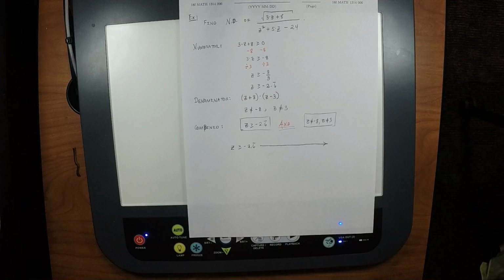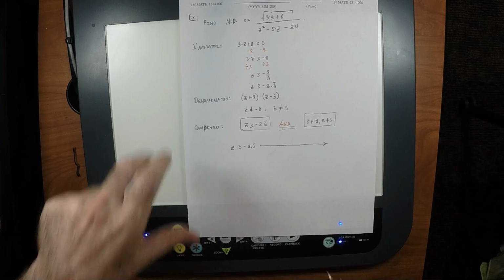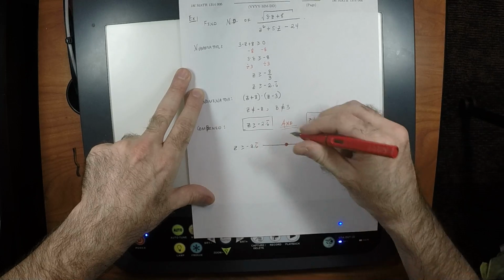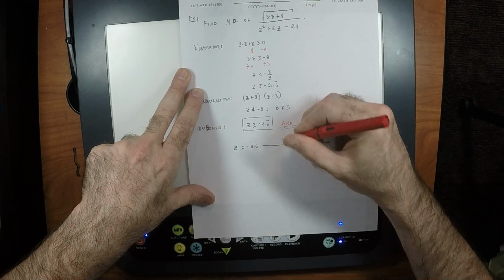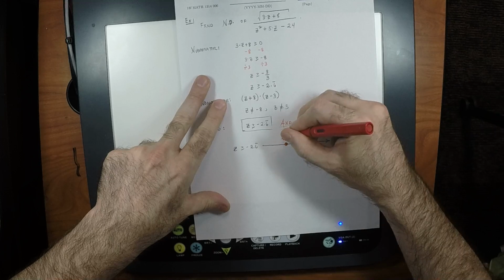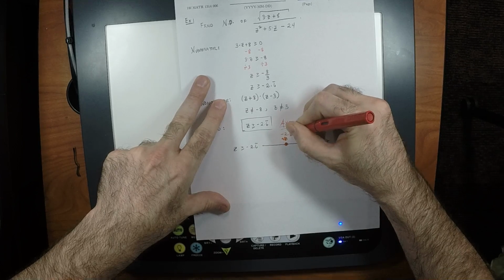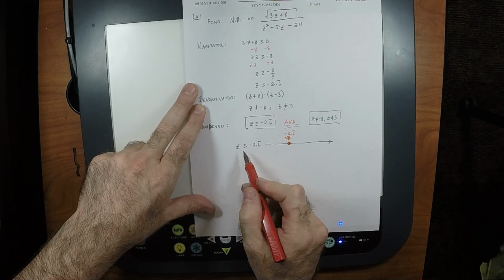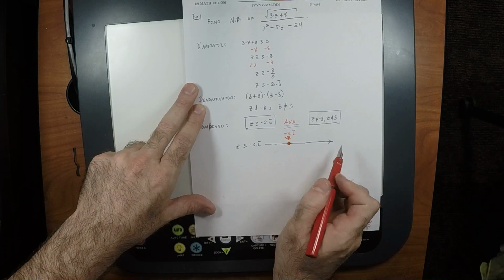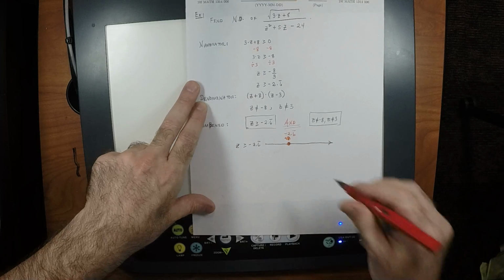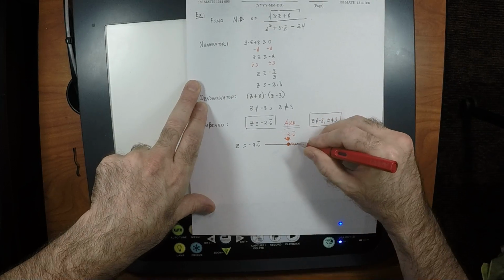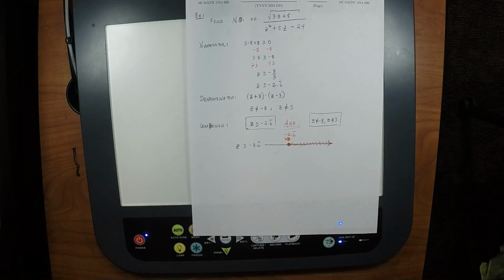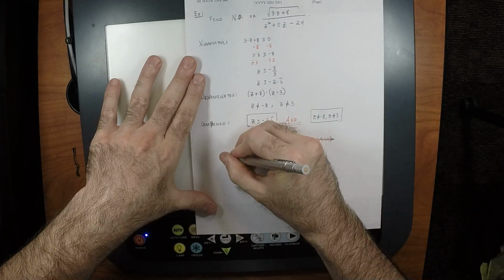You would plot -2.6. Filled in, because it says or equal. Okay, so I plotted that, and then what do I do? Is it all the stuff that way, or what? Just to the right. All the stuff to the right. And that's what that one looks like. And then what would this one look like?